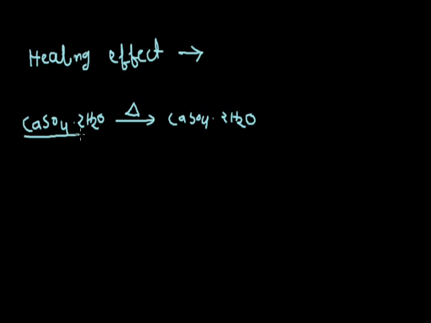This one structure, that is before heating, CaSO4·2H2O at room temperature, is called monoclinic. And after heating, the structure of gypsum obtained is called orthorhombic.